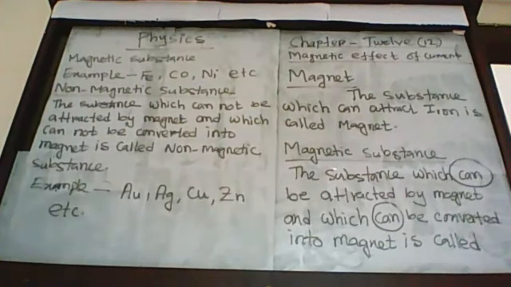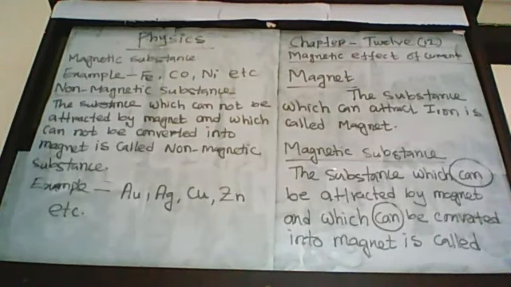You can say, sir, those are metals, so why are they not magnetic substances? Because these substances are metals, it's very good, they have free electrons, but they cannot be attracted by magnet, and they cannot be converted into magnet. That's why, listen to me, these metals are called non-magnetic substance.